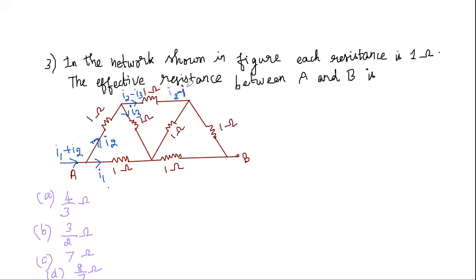So that's what has been shown here. And here you are having I2 minus I3. And here you have I3.